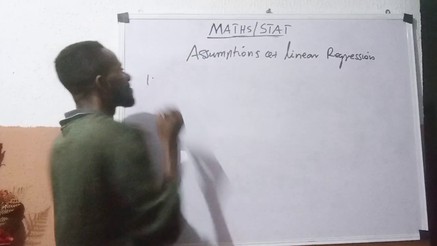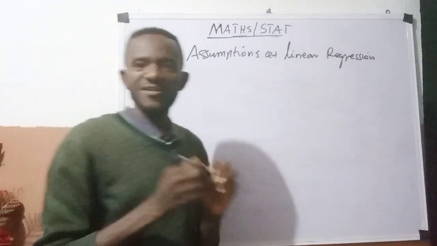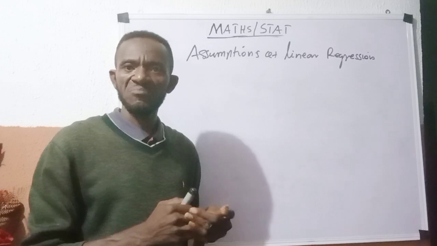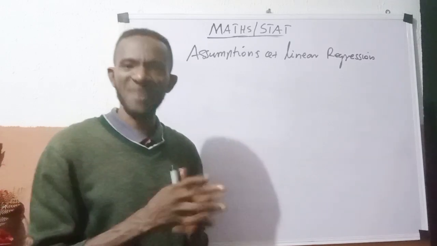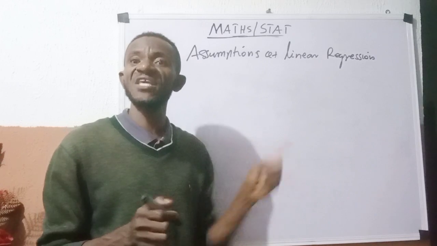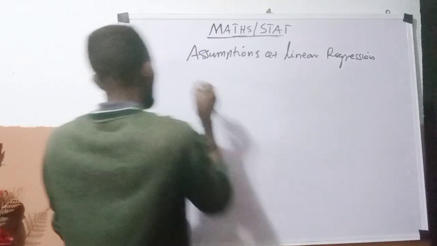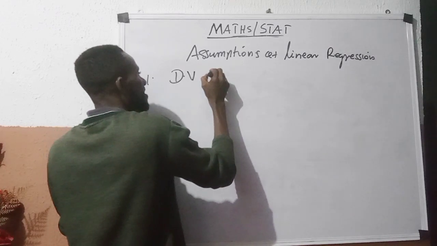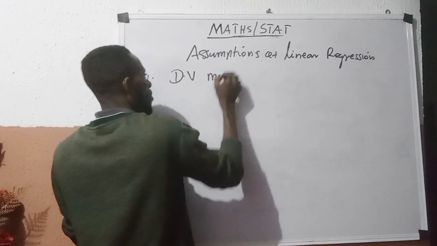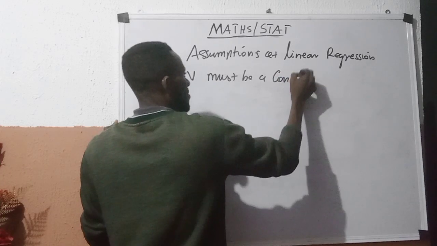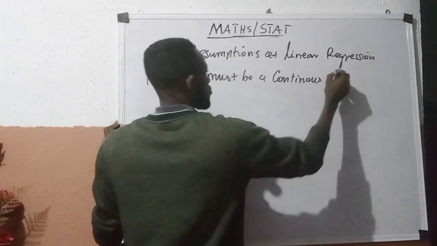Number one assumption says that our dependent variable must be a continuous variable. That is, that DV must be a continuous variable.